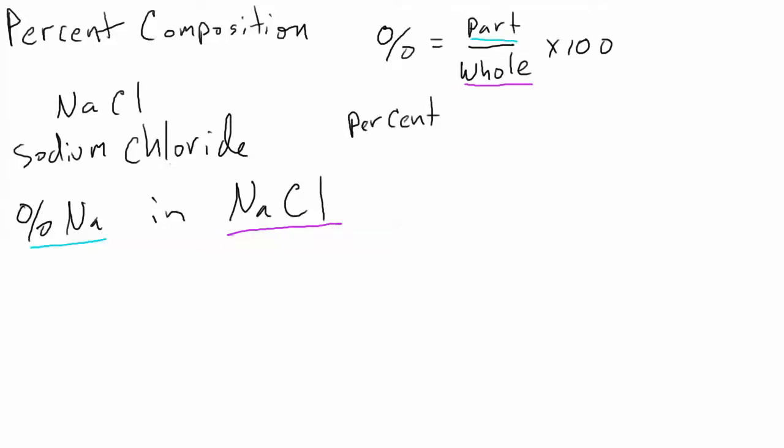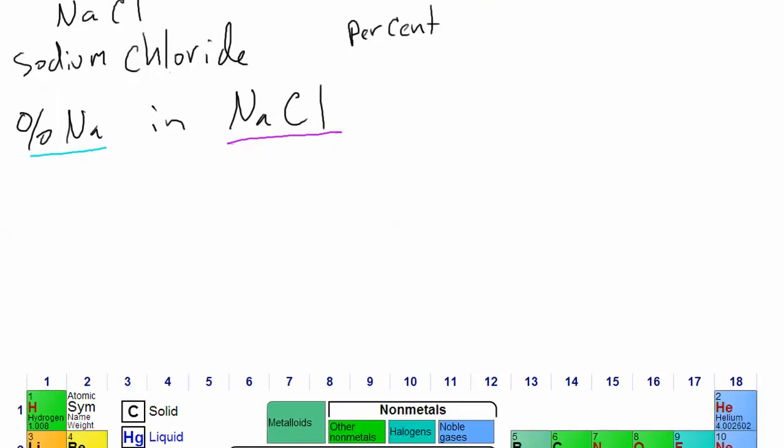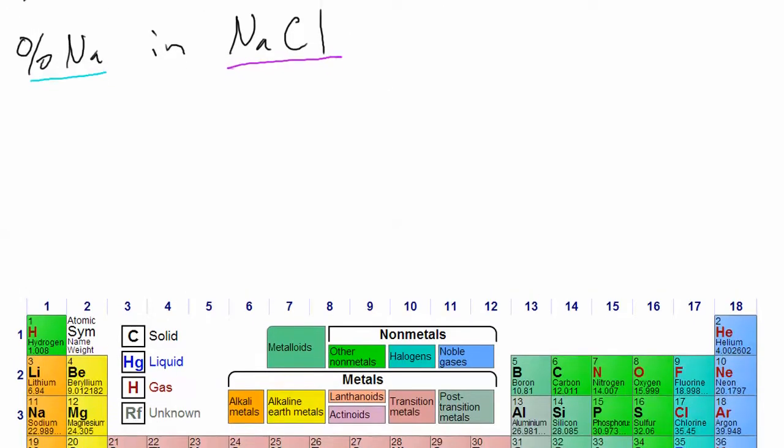So I need to activate my periodic table and take a peek at it. It looks like sodium's mass is 22.99 to 2 decimal places. So sodium's molar mass is 22.99 grams per mole. And if I come over to this side of the periodic table, it looks like chlorine's molar mass is 35.45.